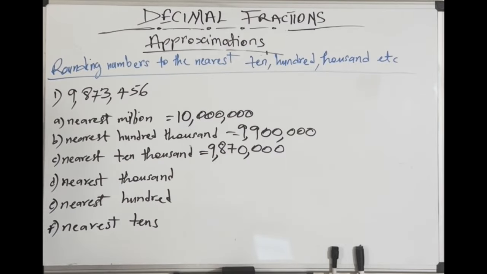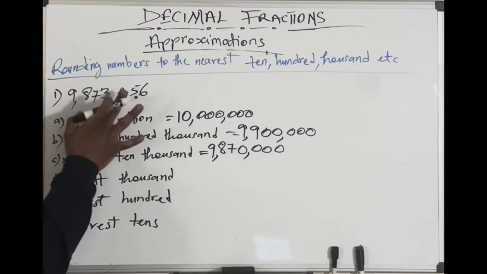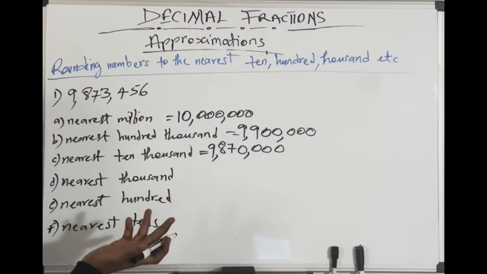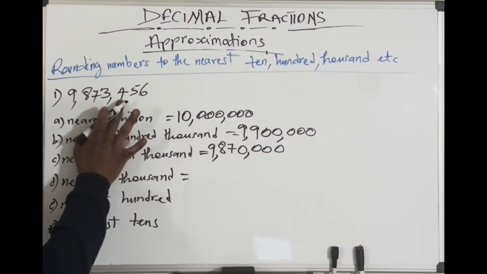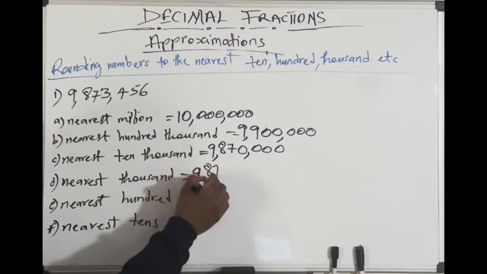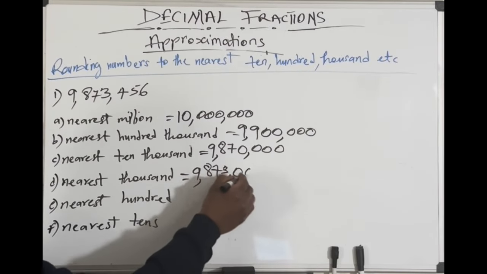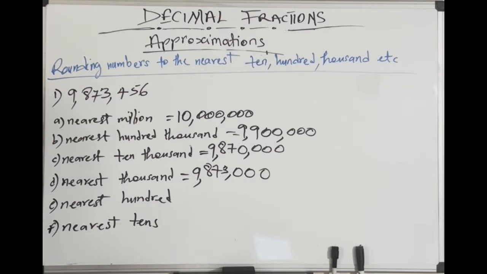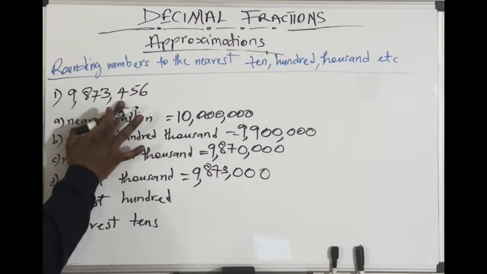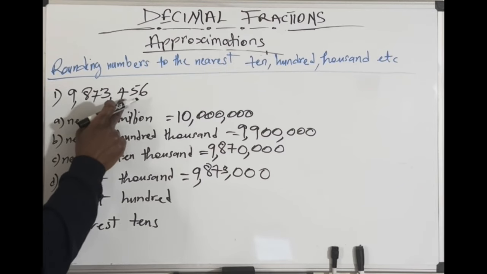And then the next one will be the 1000, 3. The next number is 4. We have to ignore again because it's not 5 or more than 5. So 9, 8, 7, then 3, then 0, 0, 0. Nearest 100, there is 100, 4. The next number is 5, so we can round it to be 5.